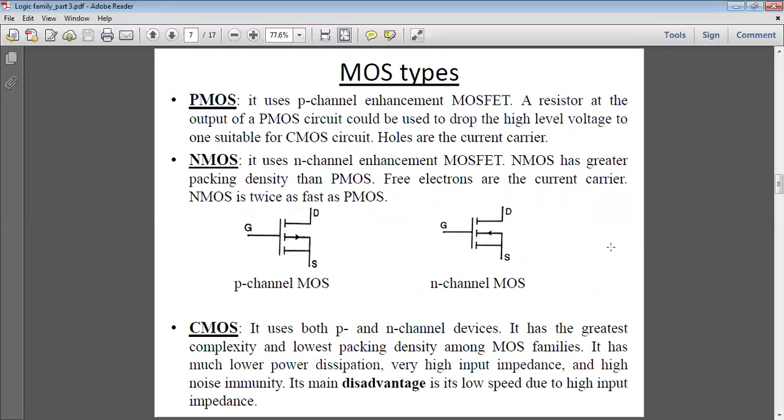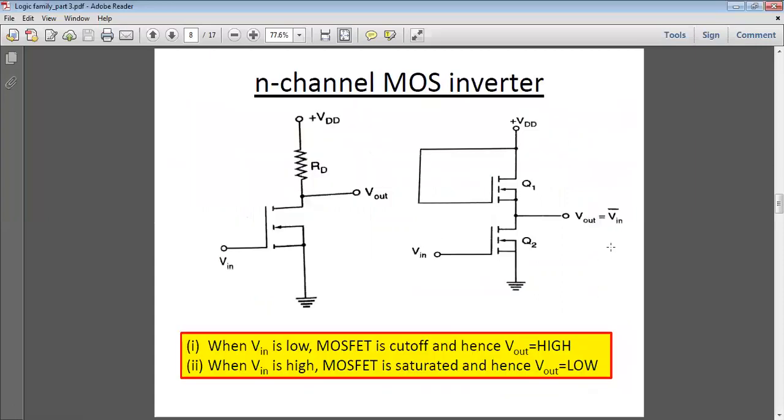But it has one disadvantage: it has low speed due to high input impedance. Now, the N-channel MOSFET inverter, meaning an N-channel MOSFET NOT gate. In the case of the N-channel MOSFET, this is the drain, this is the source, this is the gate. When the gate voltage is low, the MOSFET is in the cutoff region, so whatever the voltage at VDD, the output gets the same.